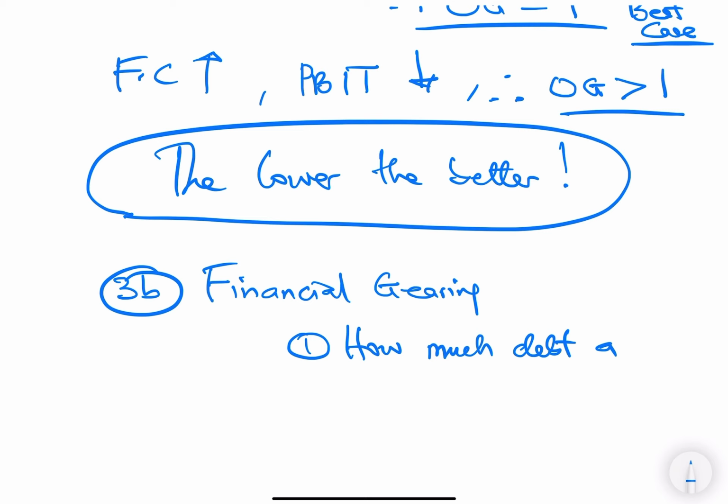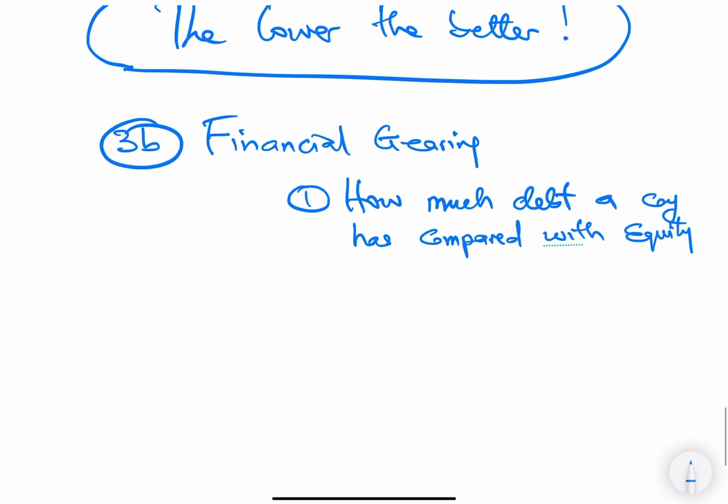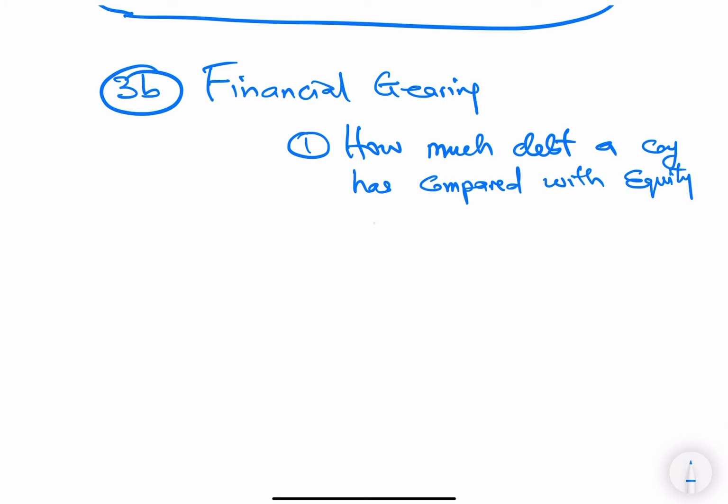So the first thing we're looking at is how much debt a company has. And there are two ways for calculating this. Either you use your debt divided by equity, and that's why it's called the debt equity ratio.